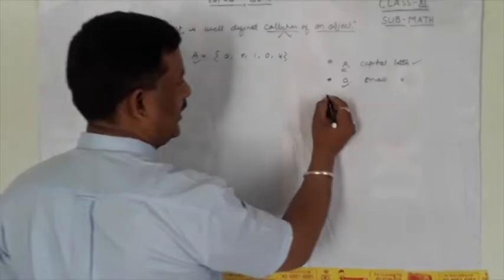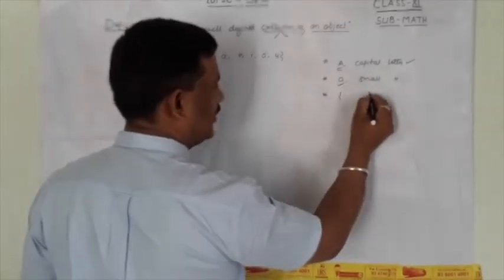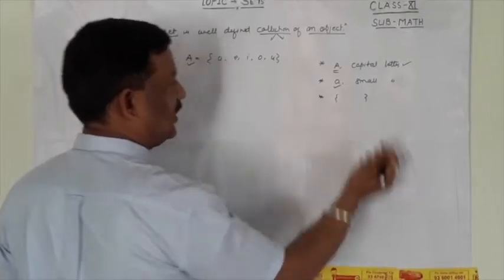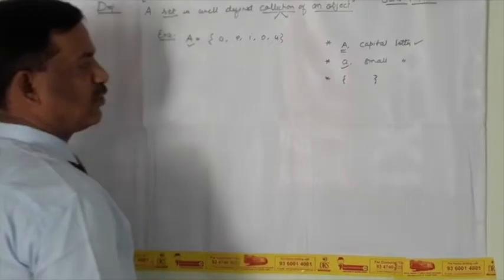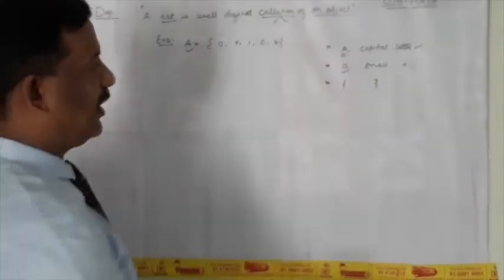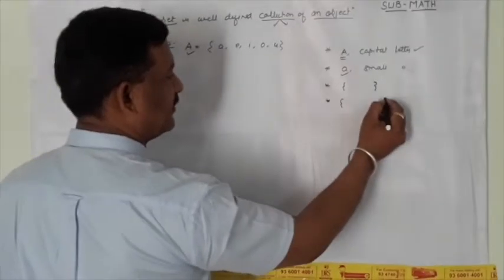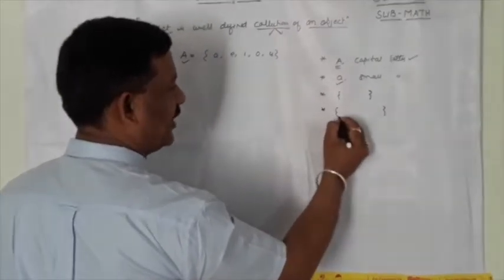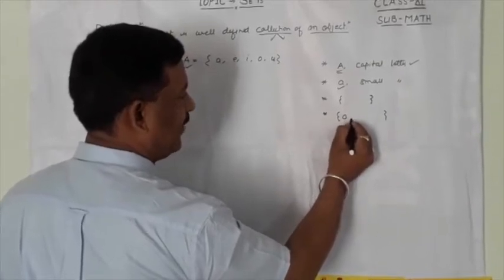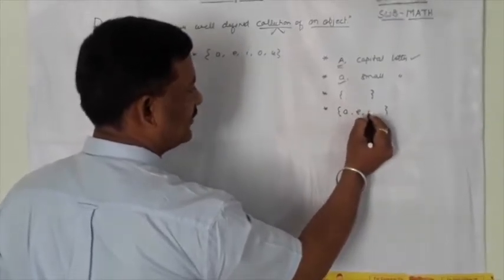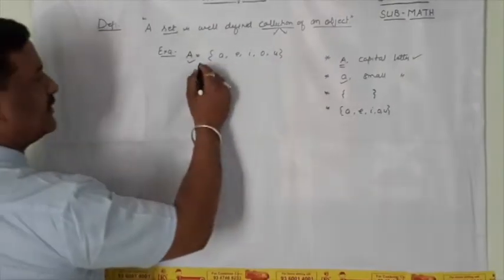The third point: a set is always an arrangement of elements or data in curly brackets. And the fourth point: the elements written in the curly bracket are separated by commas, as we have shown in the example.